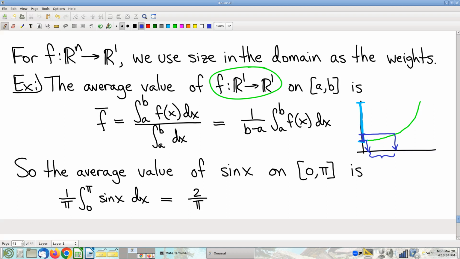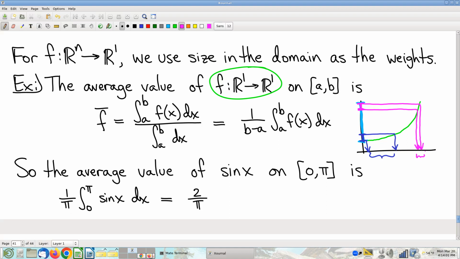Whereas, by comparison, if I were to look up here, at an equally sized piece of the target, the function is in that range of values for a much thinner, I didn't do my art super well, but you get the idea, much smaller part of the domain.